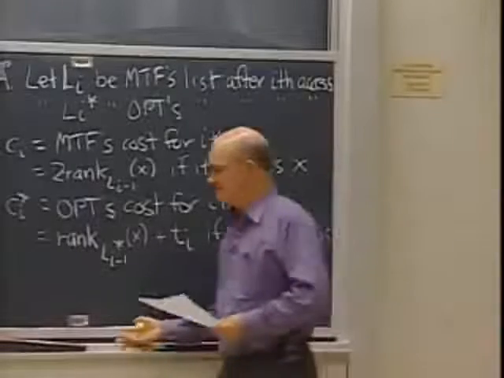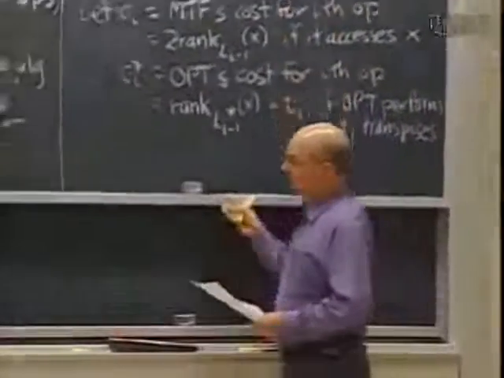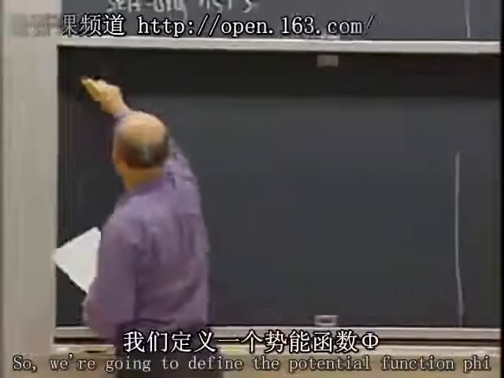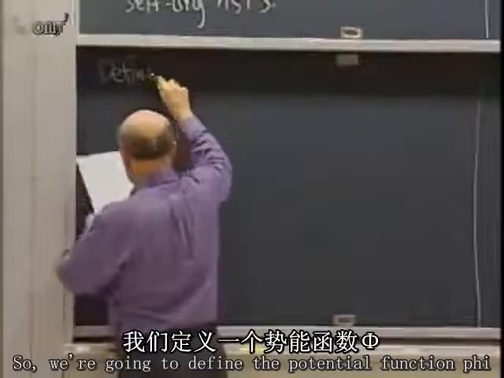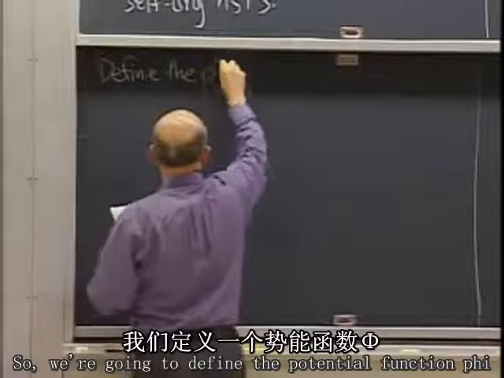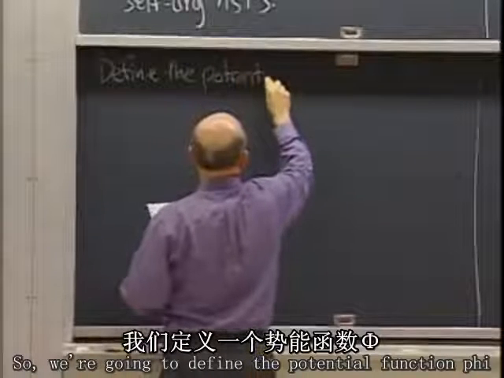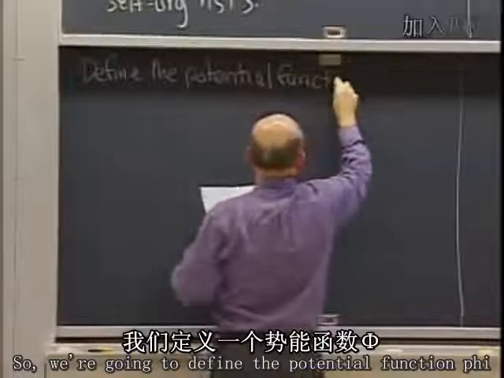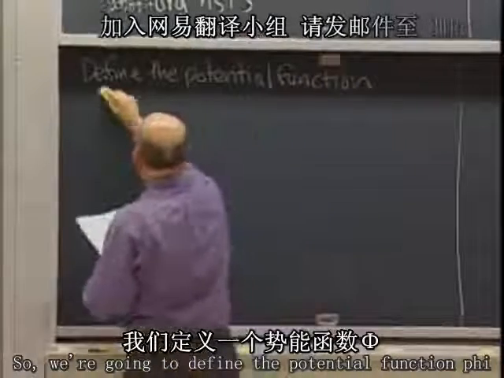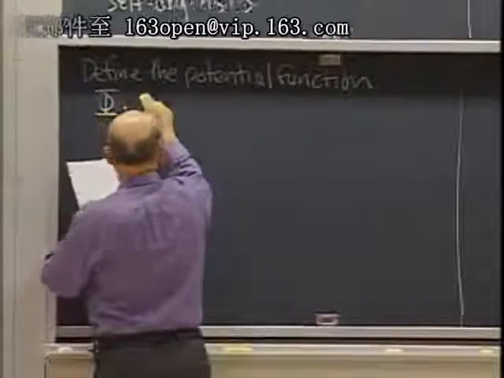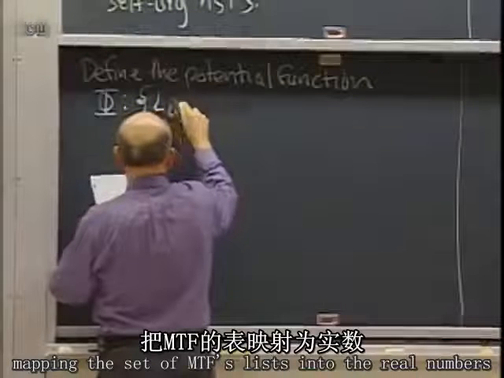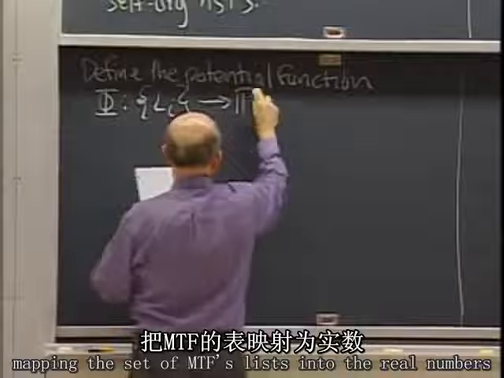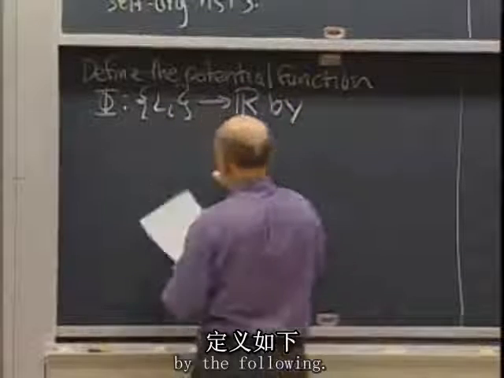Okay? And the idea is that, so let's define that, and then we'll take a look at it. So we're going to define a potential function, phi, mapping the set of MTF's lists into the real numbers by the following.